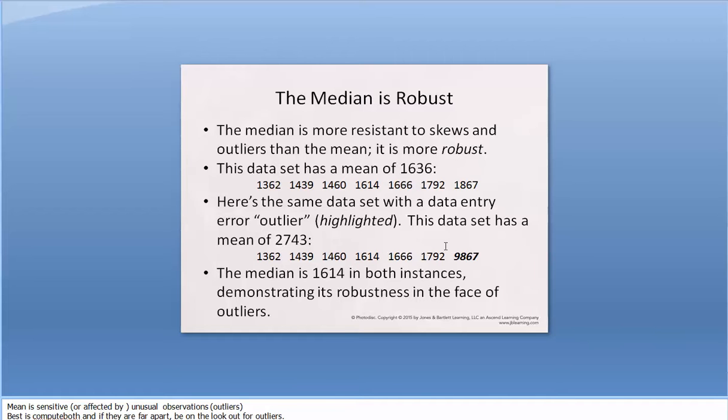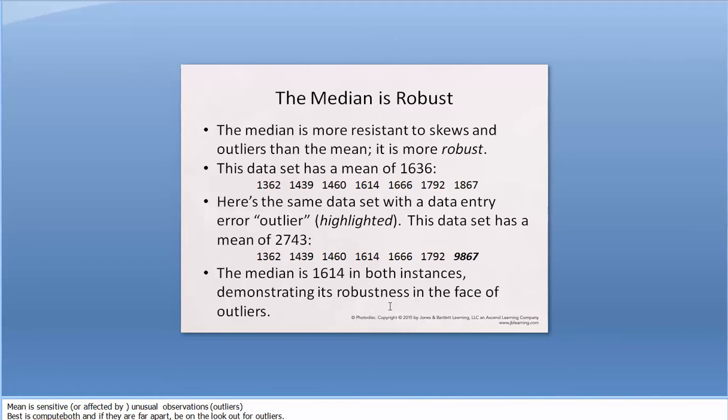Now look, this value is actually an outlier now. It is very different from the remaining observations. If you plot it on an x-axis, this will be very much away from everything else. So now the mean got affected. But on the other hand, the median will remain the same, 1640, with these data values and also with these data values.